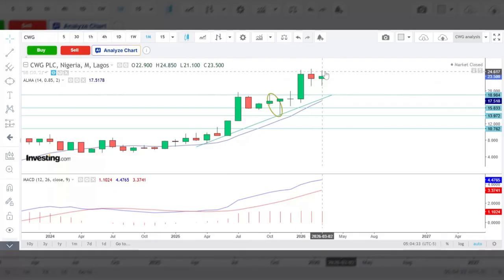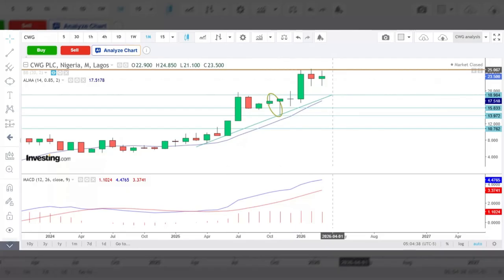However, I'll say if it breaks out where I just put this line now, if it breaks out of 25 naira, then that confirms another bullish run. And that 25 naira will now go to 30 naira where people will take profits again.